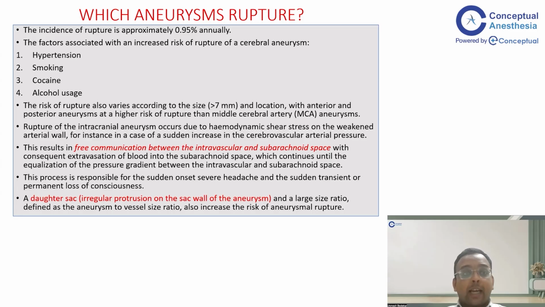Also a large size ratio, defined as the ratio of aneurysm to the parent vessel size, means that if it is larger, there is an increased risk of aneurysmal rupture. So all these factors or risk factors lead to an increased incidence of aneurysm rupture.